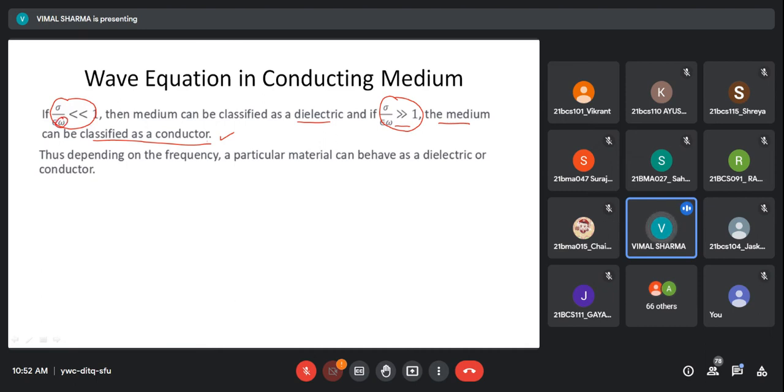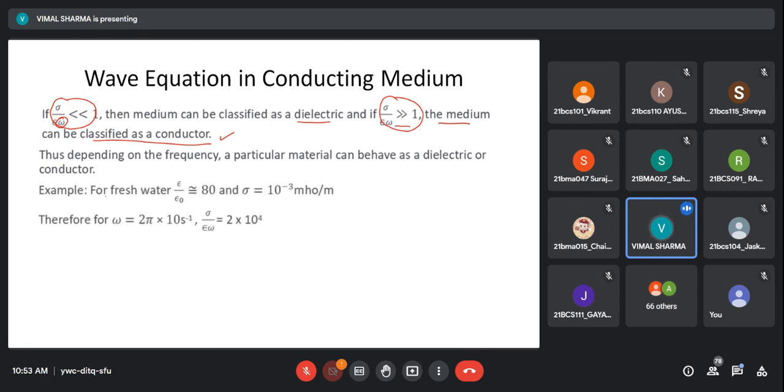And this ratio depends on omega, that is the frequency of the electromagnetic wave which we are making incident on the medium. So how the medium will behave, as a dielectric medium or as a conducting medium, also depends on the frequency of the electromagnetic wave.